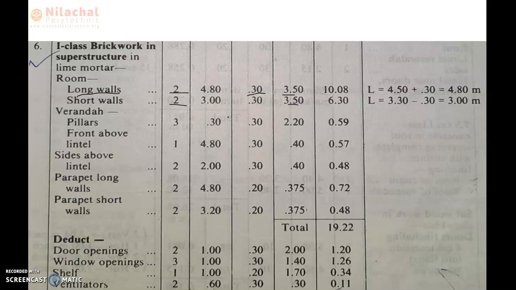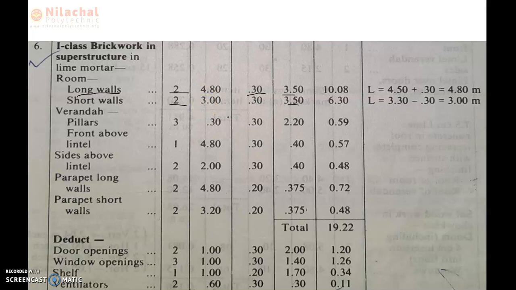So 4.50 plus breadth 0.30 is equal to 4.80 meter. Then the same for the length of short wall. So center to center distance 3.30 minus 0.30 is equal to 3.00 meter. So here we can write the length of long wall is 4.80, length of short wall is 3.00.